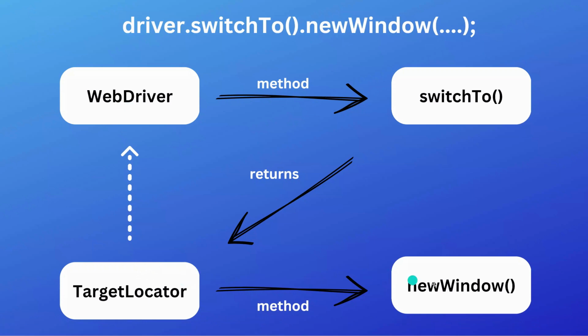And there is a method newWindow which is declared inside this nested interface TargetLocator. So using the dot operator, we can chain a command newWindow, thus forming our final line of code.